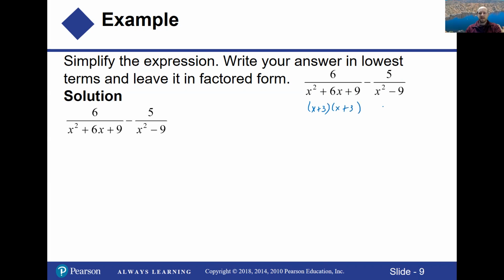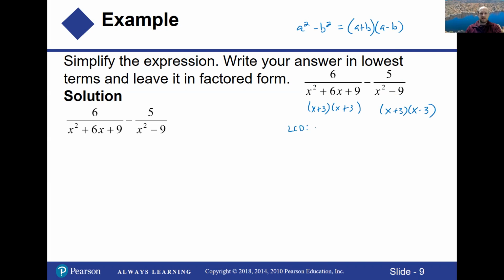x squared minus 9, that's one of your differences of squares, remember? When you have a squared minus b squared, it factors into (a plus b) times (a minus b). So this factors into (x plus 3) times (x minus 3). So what's your LCD?